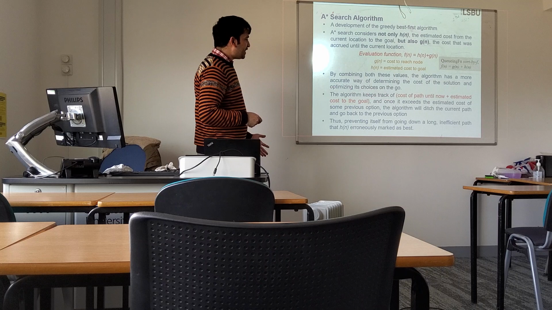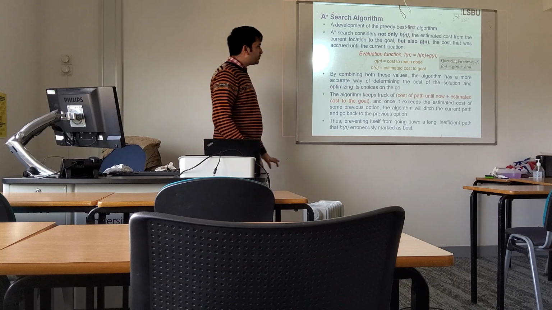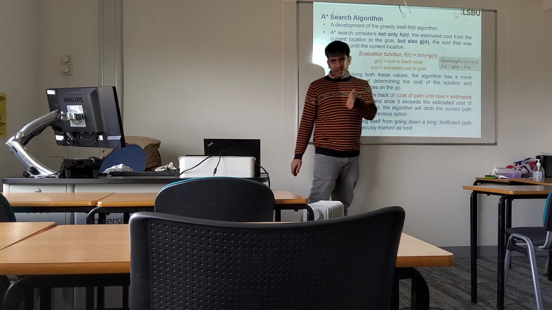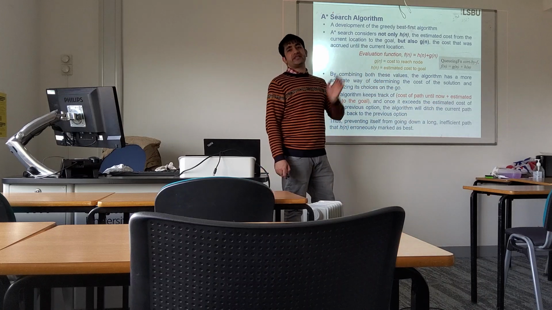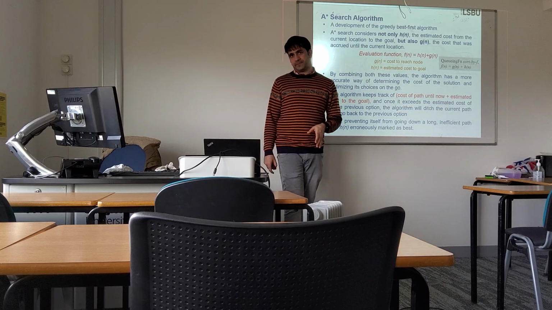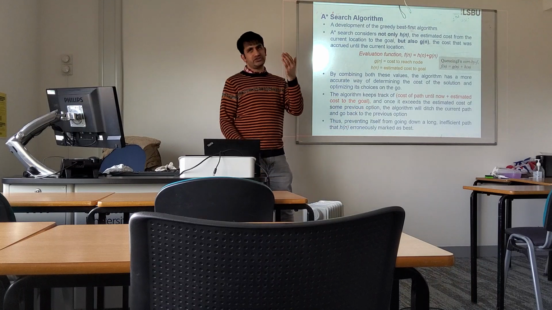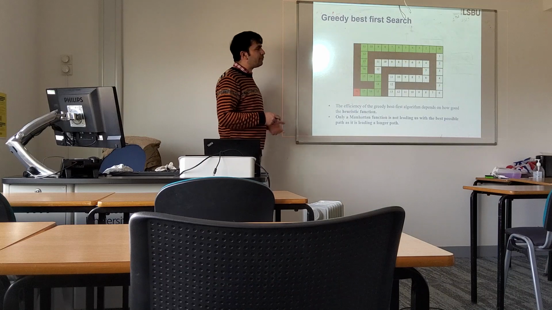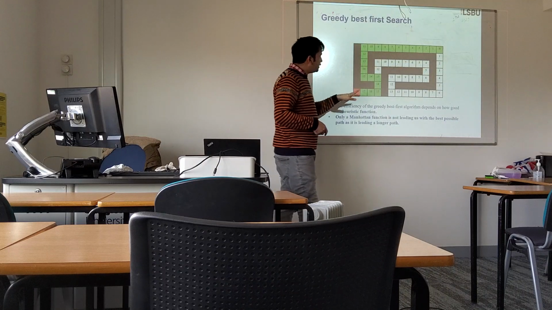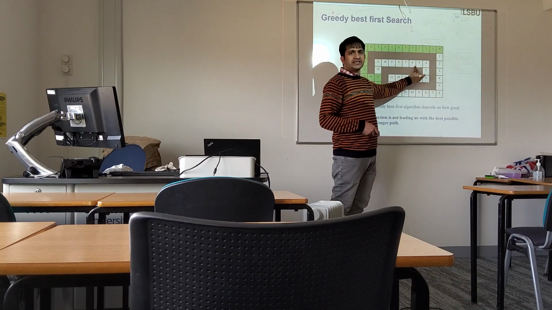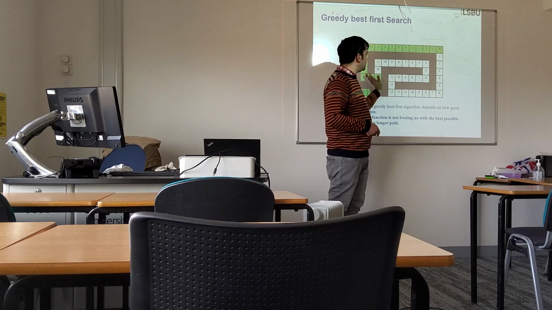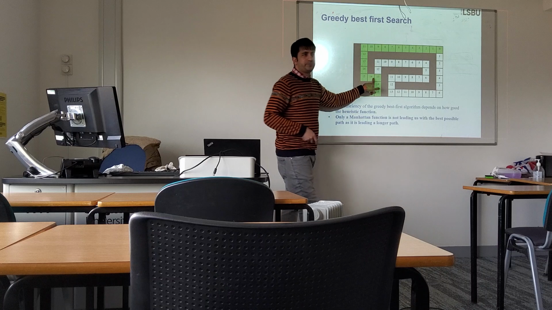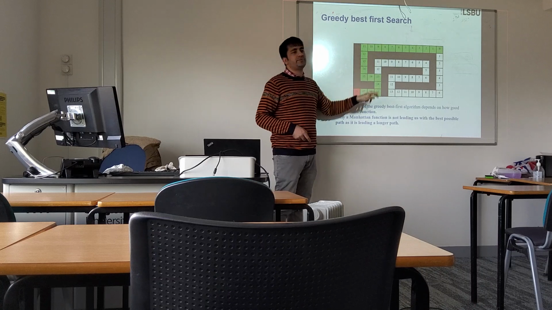So in this case, as I said, at each point the algorithm will consider two things: the cost of the path to that node and the heuristic value at that node. And then we will see whether we should keep on moving in this direction, because if I consider this example, we will do it in a while, if I reach a certain location, I will see that the number of moves plus the heuristic would be greater than the number of moves here plus heuristic, right?